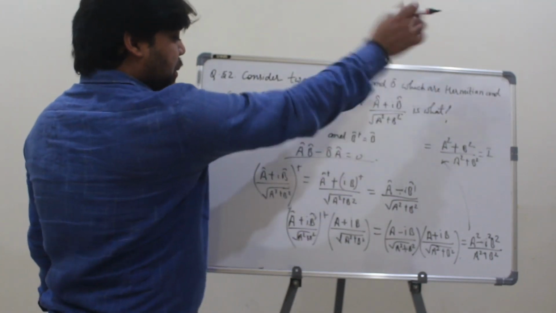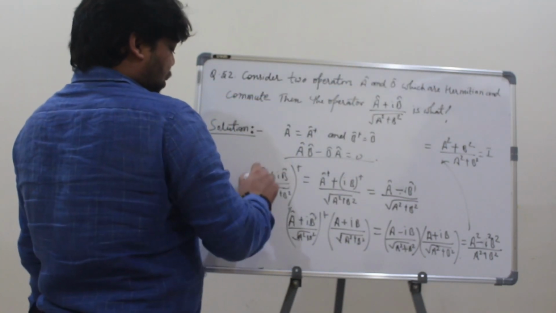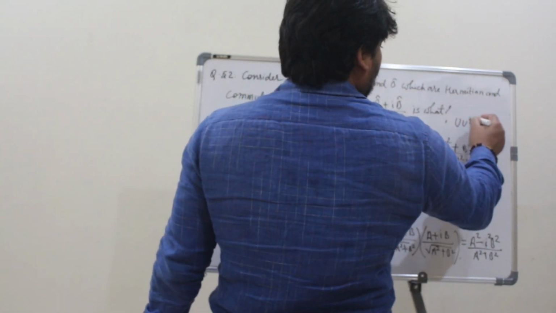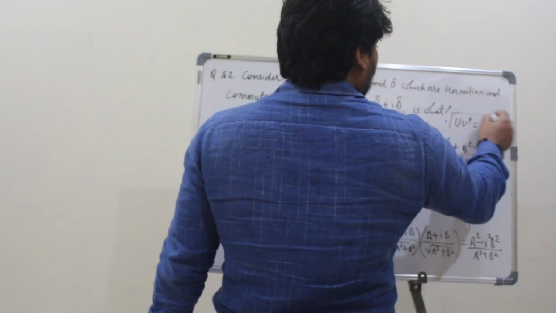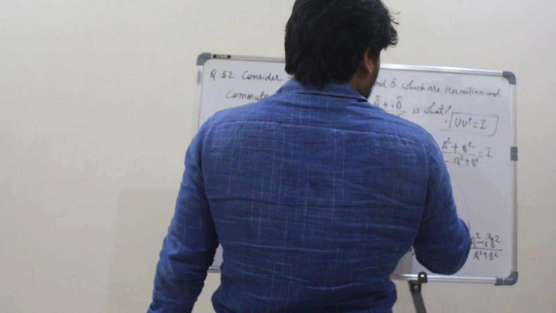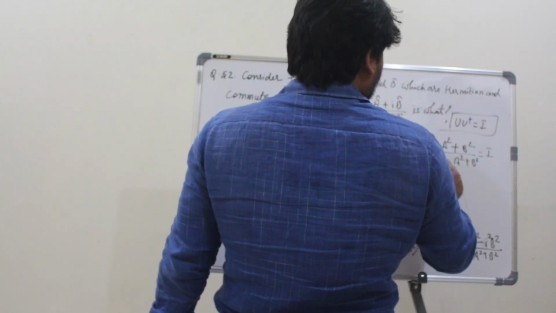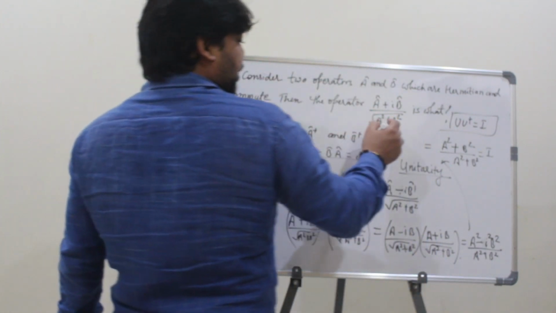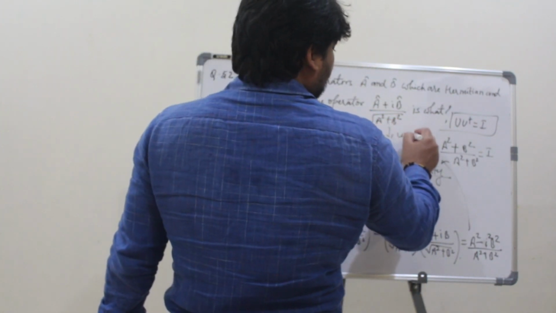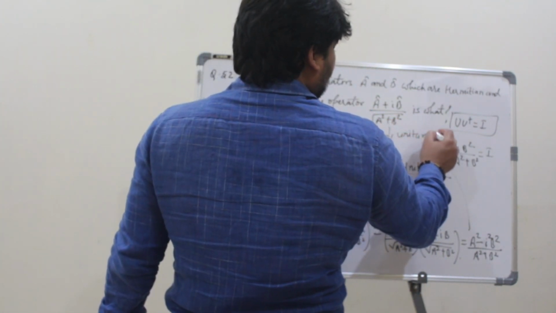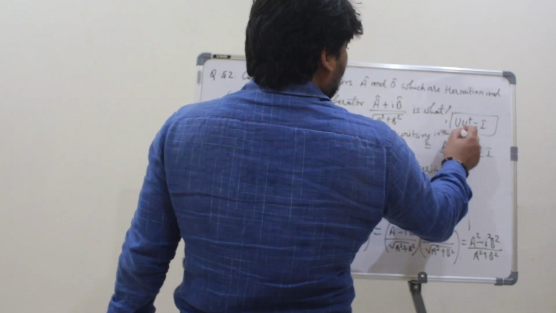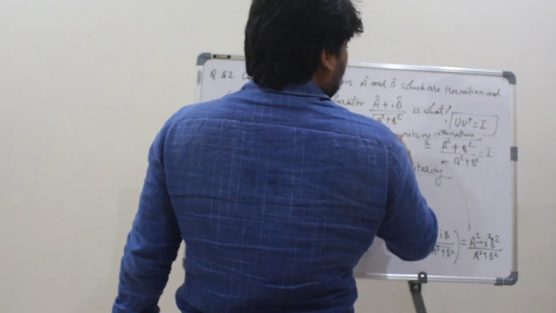So it means that this operator satisfies the condition U dagger U equals I, which is the unitarity condition. Unitarity. Right? It means that the operator is unitary in nature.